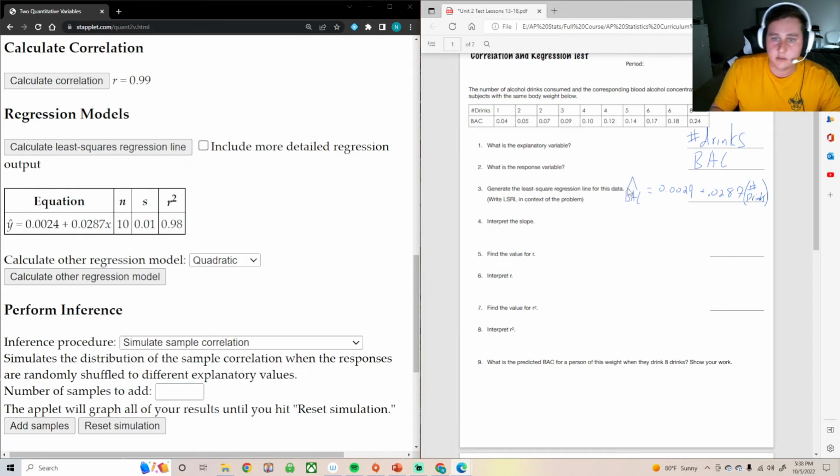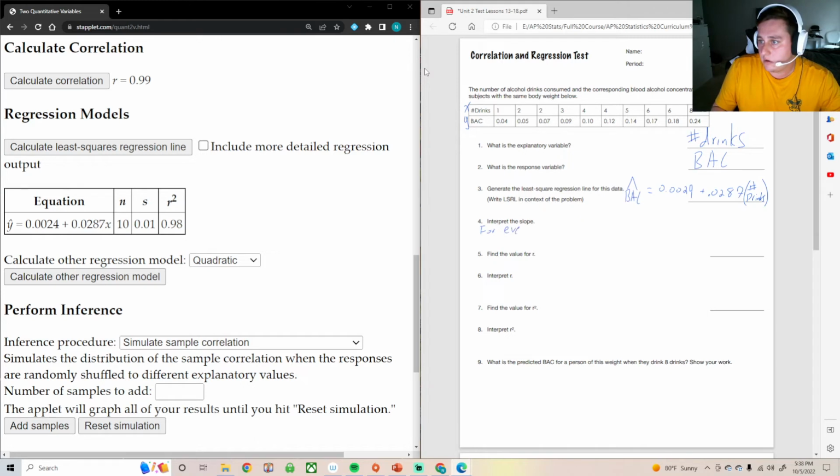Interpret the slope. This is going to be the sentence frame that we looked at earlier. This is for each or for every additional drink. So in this case, this is my x variable, this is my y variable. So interpret the slope.